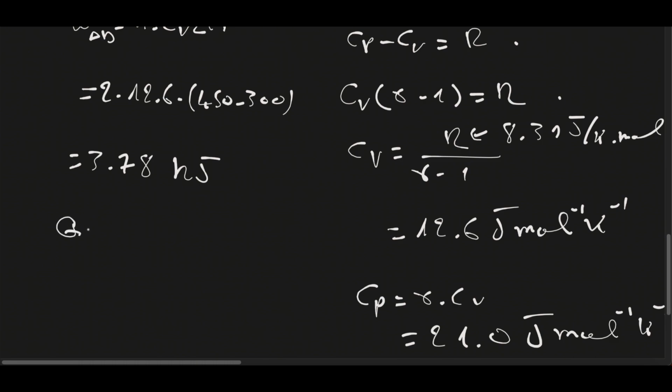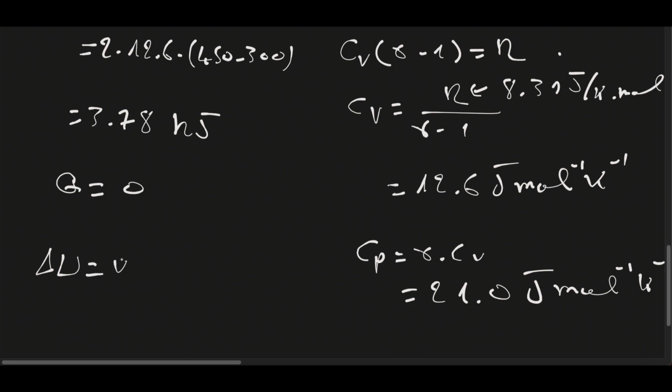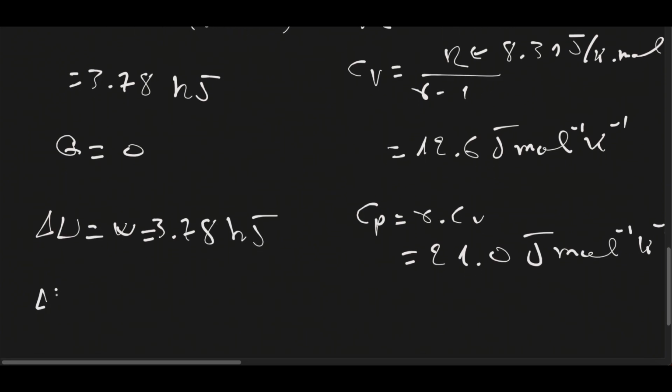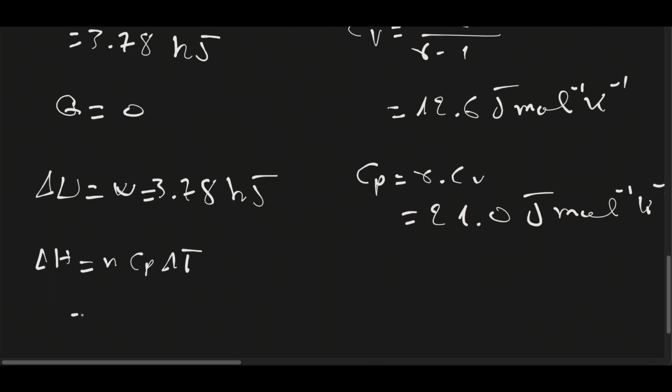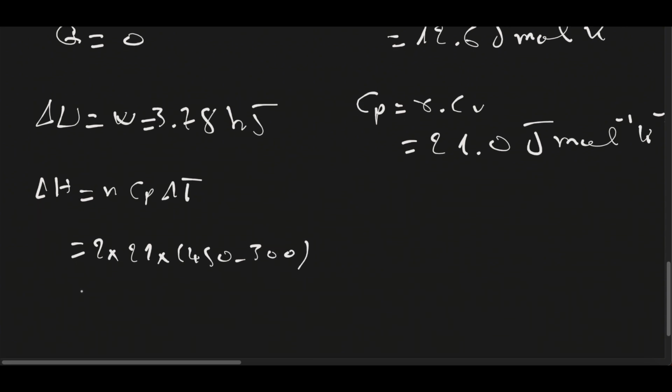Here the heat exchange is equal to 0 because it is an adiabatic change. We don't have a change of heat with the surroundings. The change in internal energy is equal to the work, which is equal to 3.78 kilojoules. And the change in enthalpy is equal to n Cp delta T. So here we replace 2 times 21 times 450 minus 300 Kelvin, which is equal to 6.30 kilojoules.